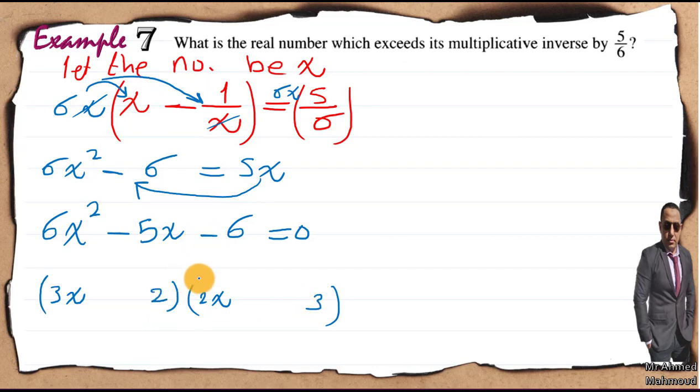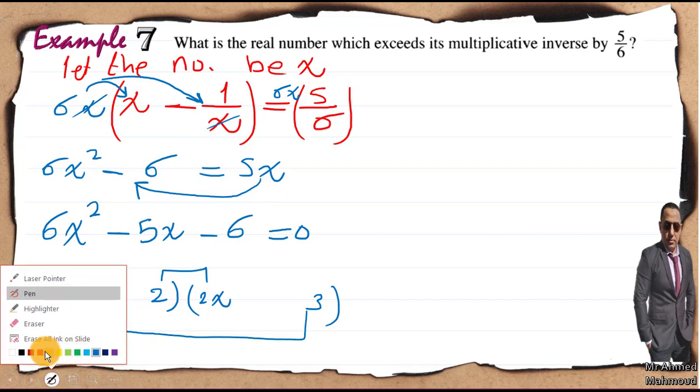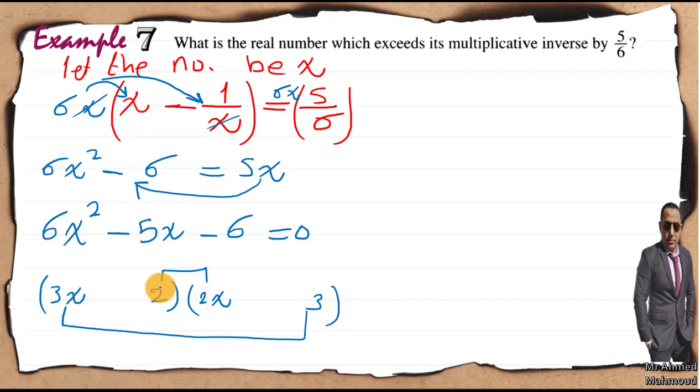Okay, the means, and this is the extremes. The means equal 4x. The extremes, 3 times 3, 9x. Because this is minus, 9 minus 4 equals 5. So this is the correct choice.